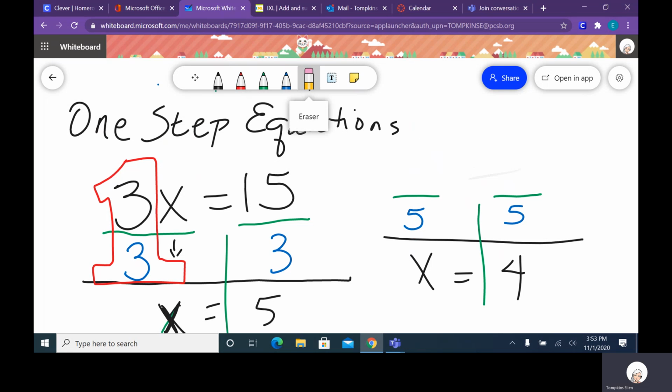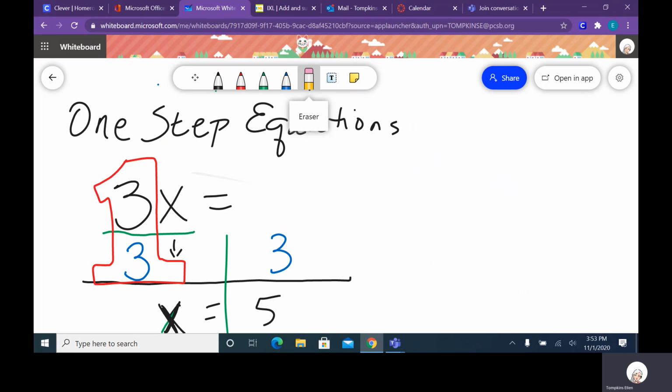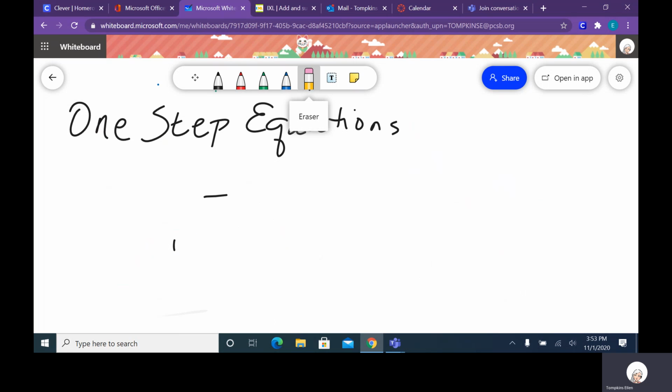Now, when we have the division ones, those ones get a little bit more interesting looking. They're not hard if you remember what you're doing. So let's say I have x over 3 = 6. So what divided by 3 is going to give me 6? Okay, this is a division problem.